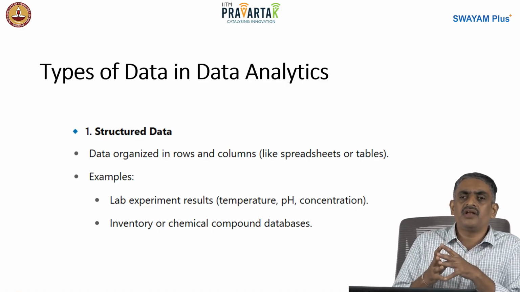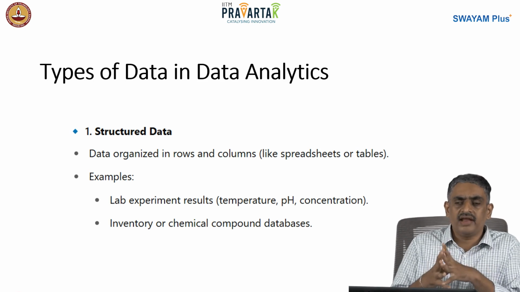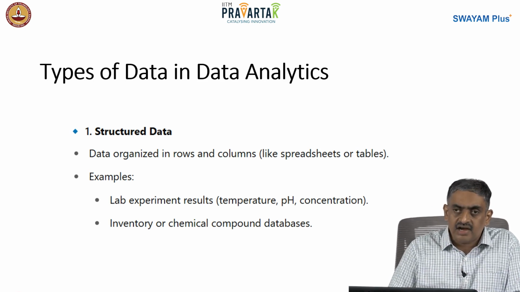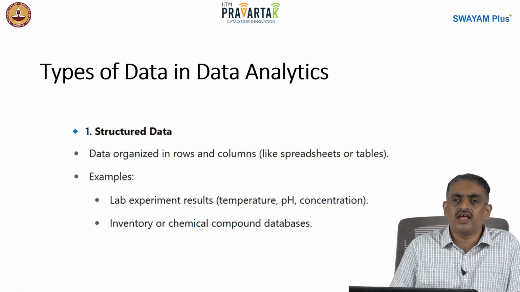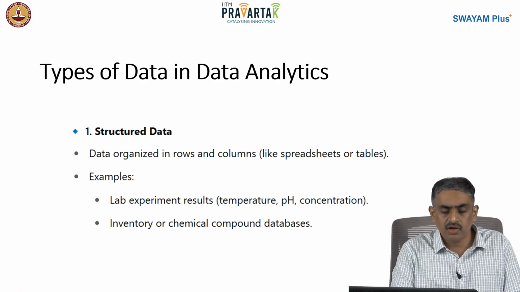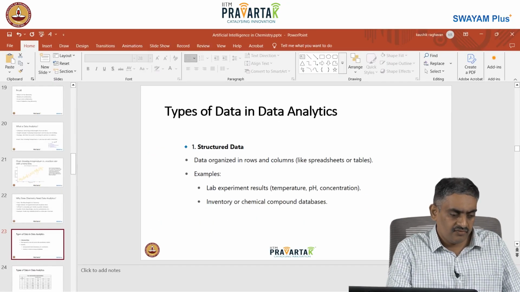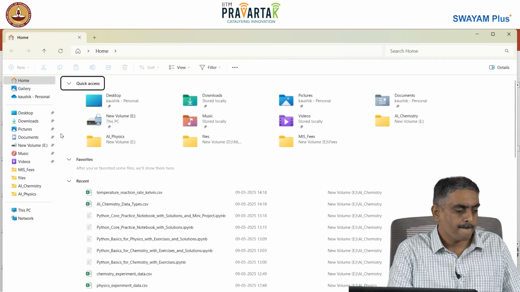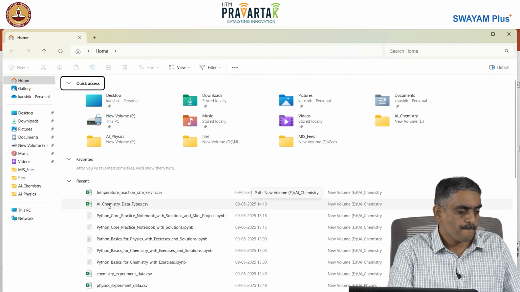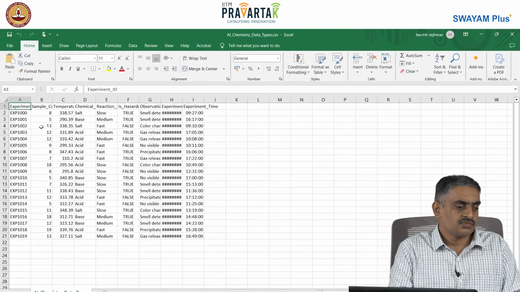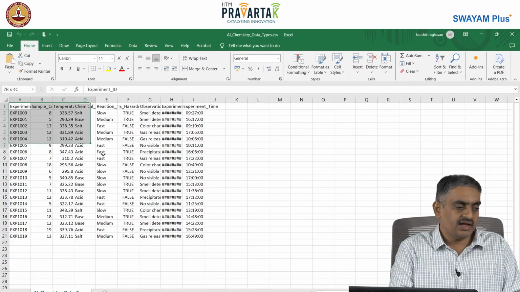One commonly available data is called structured data. What is structured data? Structured data is where the data is organized as rows and columns. For example, if I go to my screen, I am opening a data file here.